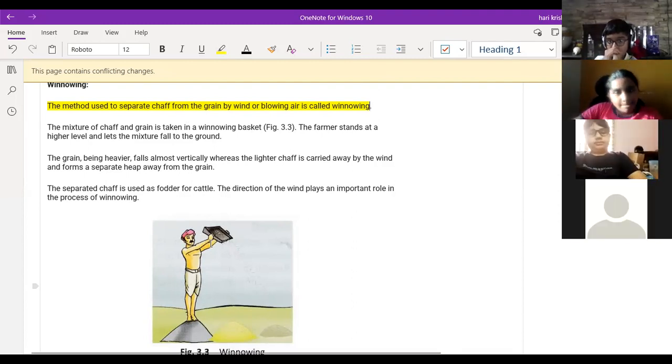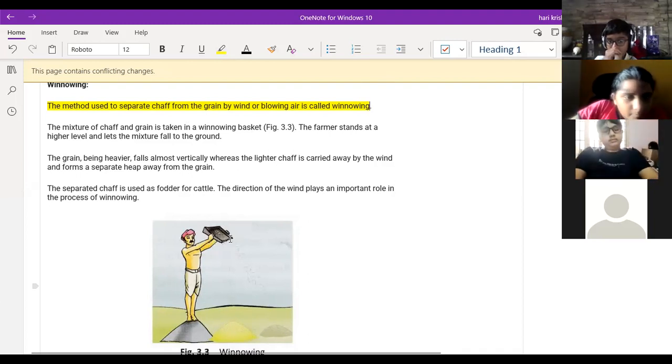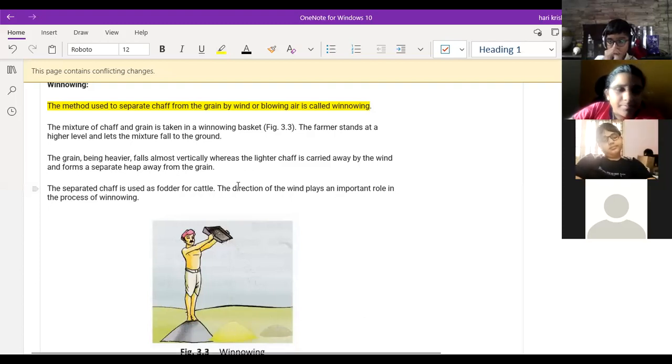Then what is this? The basket which is used for the winnowing purpose is called a winnowing basket. Okay, sir. One minute, I'll show one more video on that. Okay, sir.